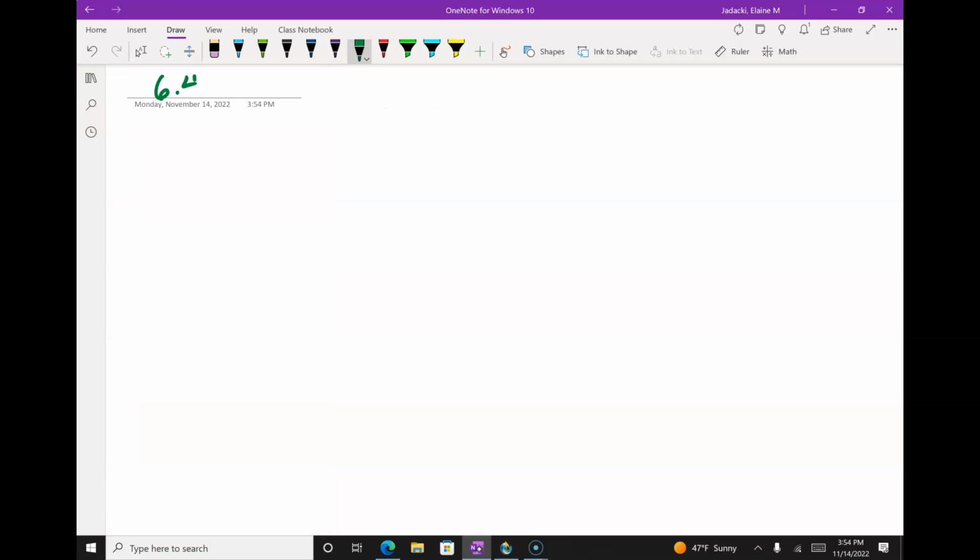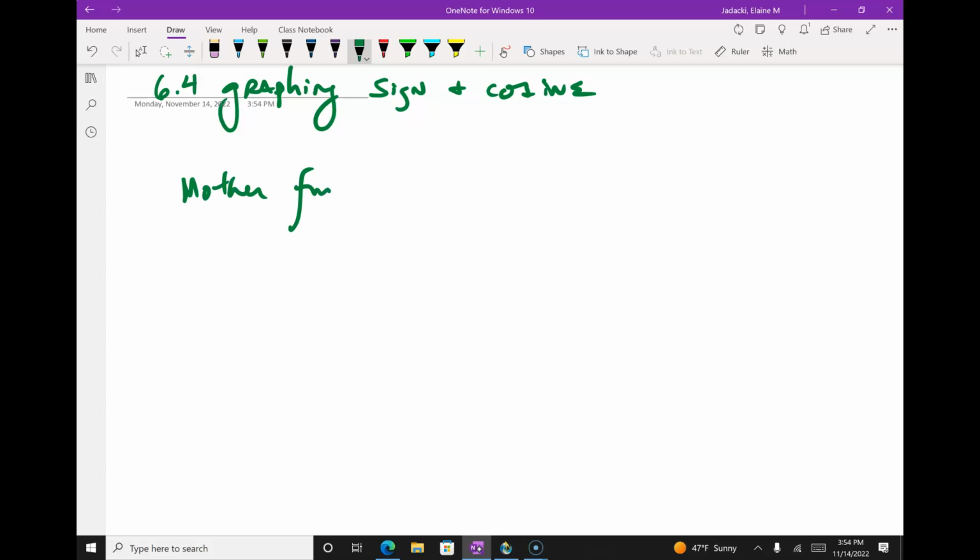So 6.4, graphing sine and cosine. I want to be able to draw the standard graph first, the mother function first, always. So we know a couple of things about the mother function.